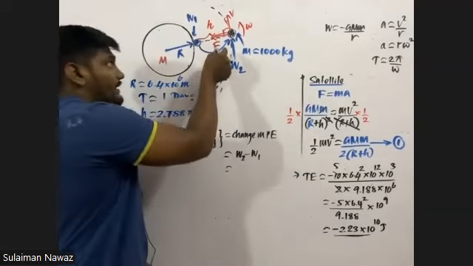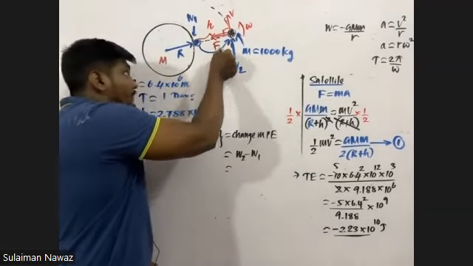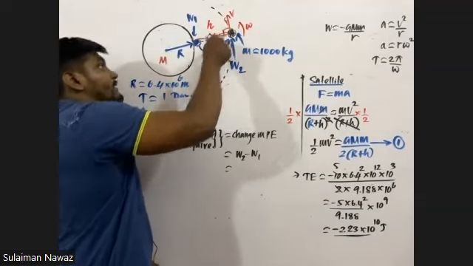Now, what is W2? What is the gravitational potential energy of the object at the orbit?